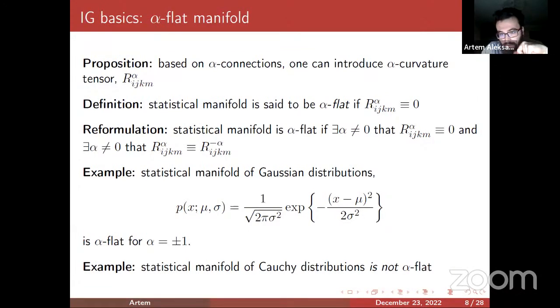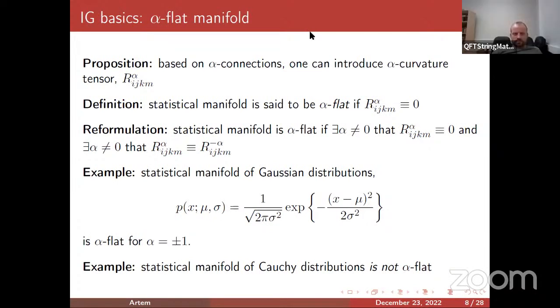I have read a lot of papers and tried to understand it, but at this moment I do not understand what the main feature of an alpha flat manifold is. I do not understand what I can do with this.